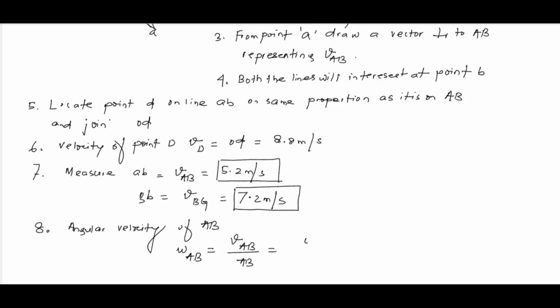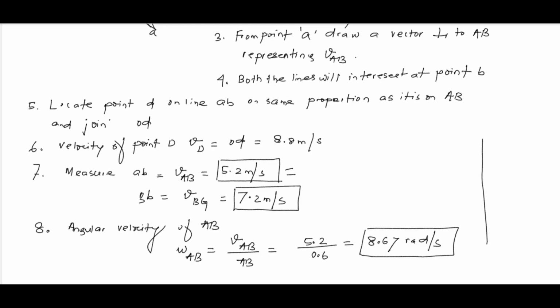So this is 5.2 as we obtained here, divided by the length, that is 600 mm, or you can say 0.6 meter, always mention in meter. So it is 8.67 radian per second. So all the velocity related data we obtained from the velocity diagram.